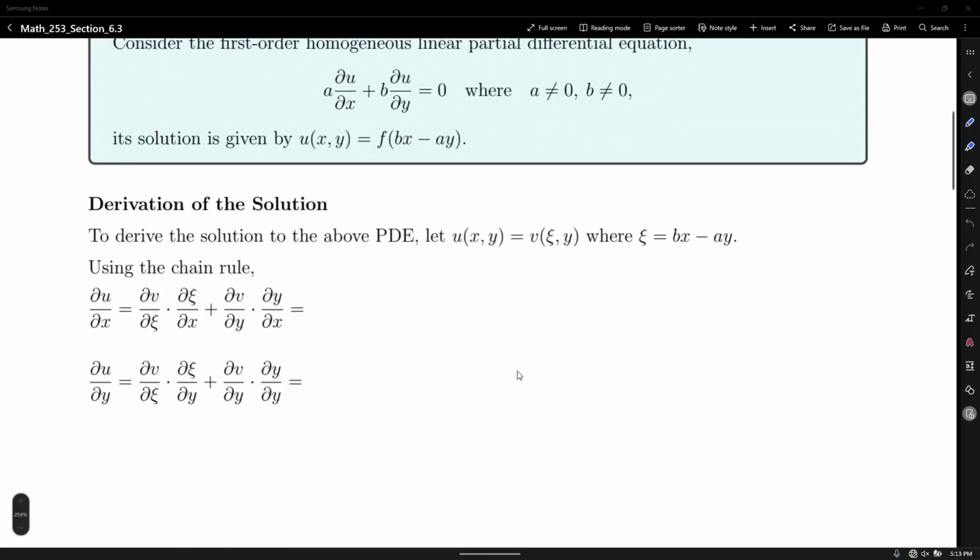That's why I asked you to watch the video on the chain rule for calculus 3, because we're going to use it today. Okay, so the method of solution for this is what we call a change of coordinates. And you guys have done a bunch of change of coordinates, especially in Cal 2 and Cal 3, changing to polar coordinates, cylindrical coordinates, spherical coordinates.